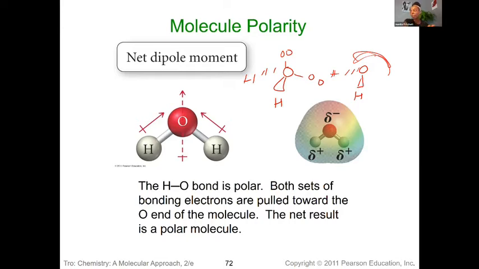This oxygen is pulling the electrons towards it, away from the hydrogens. So you have this really strong negative region created around the oxygen versus positive regions around the hydrogens. We do have a dipole present here, unsymmetrical pulling, and so we would say that this molecule is polar.